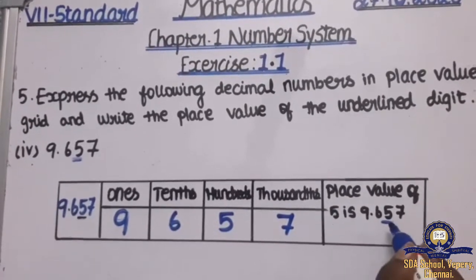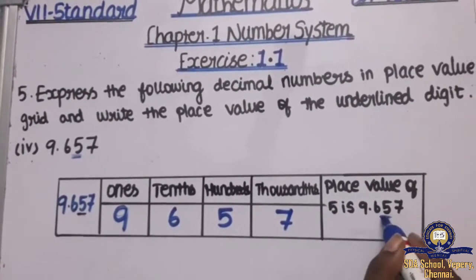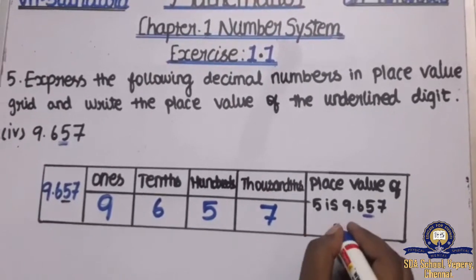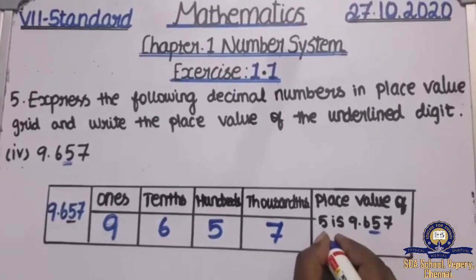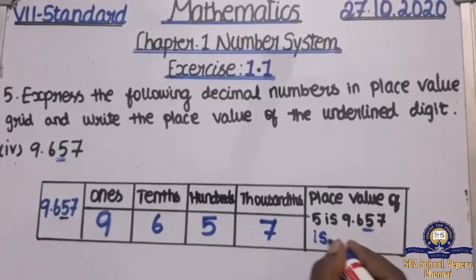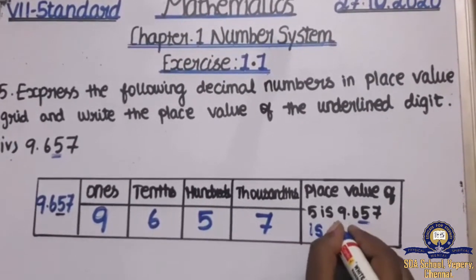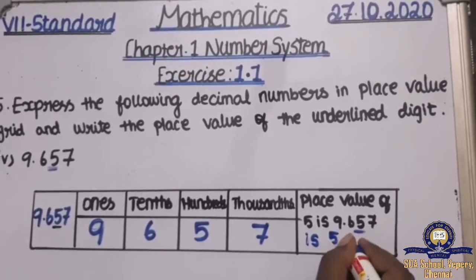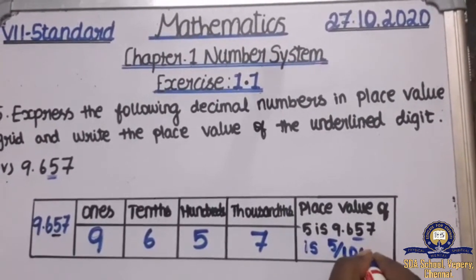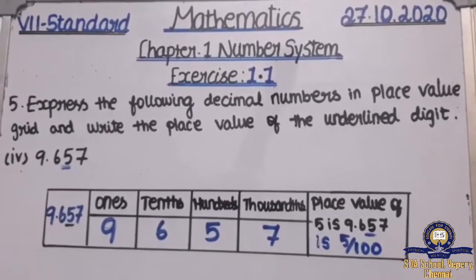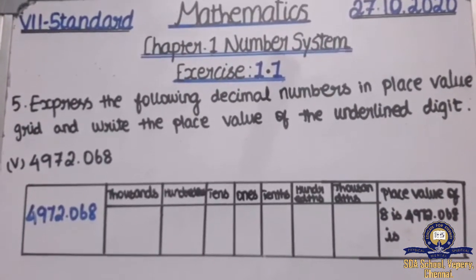So what is the underlined digit here? 5. So 5 is in which place? 5 is in the hundredths place. So we can write it as 5 by 100, because 5 is in the hundredths place. Okay, students? Now we move on to our next division.